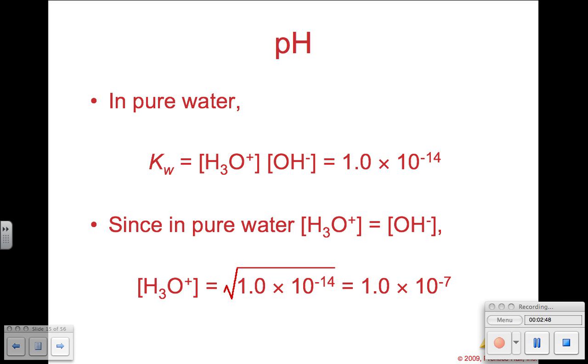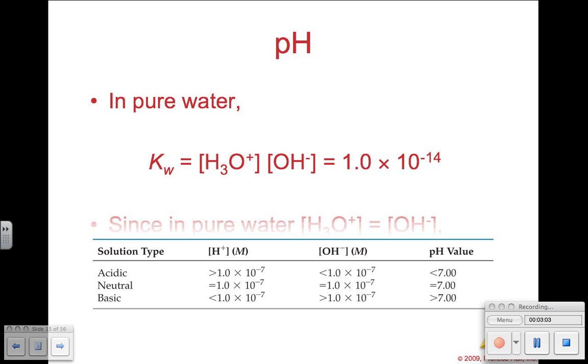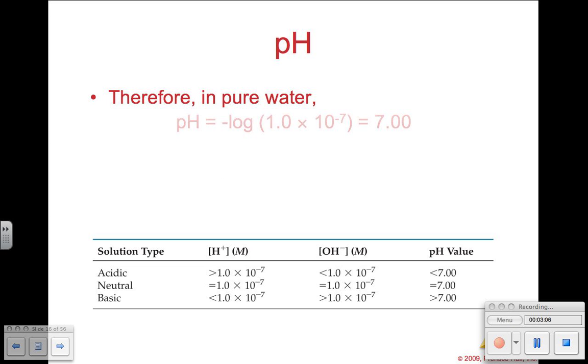If you take the square root of 1 times 10 to the negative 14th, when things are neutral, when you have just pure water, the concentration of H3O plus will be 1 times 10 to the negative 7th. It would also be the same for the OH minus.